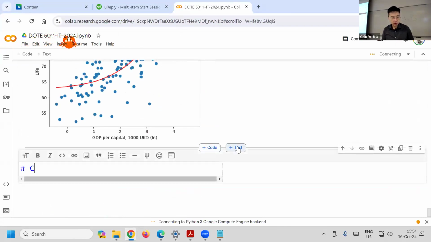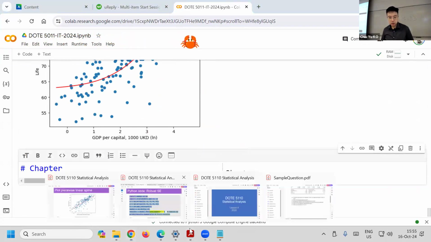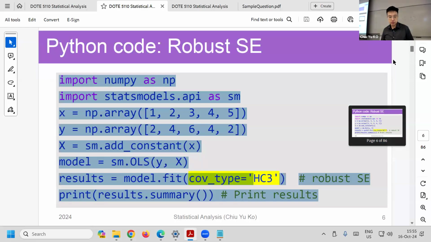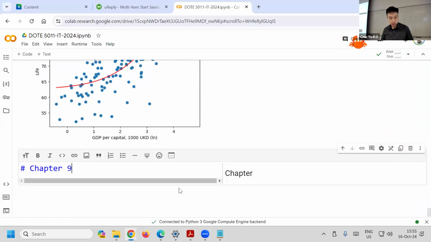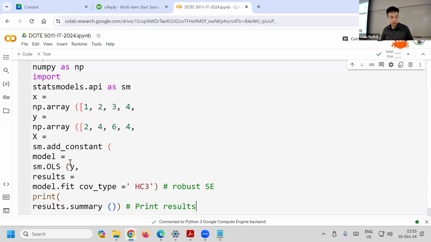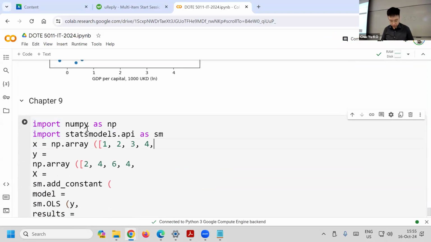I think we're in chapter what? Which chapter do I mean? Chapter 9 already. Okay, that's fine.